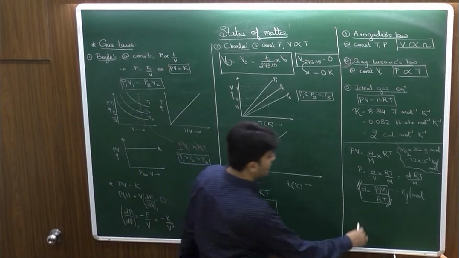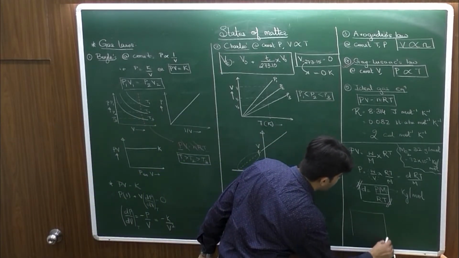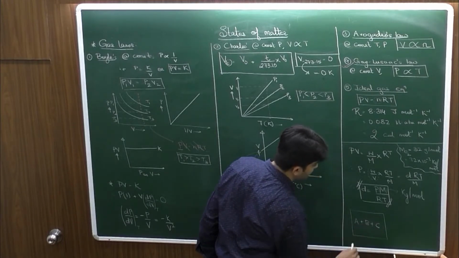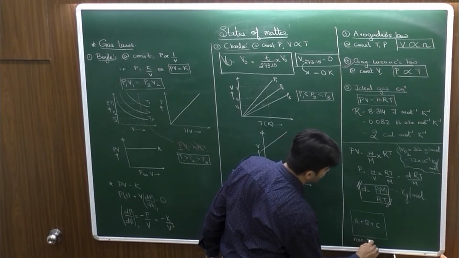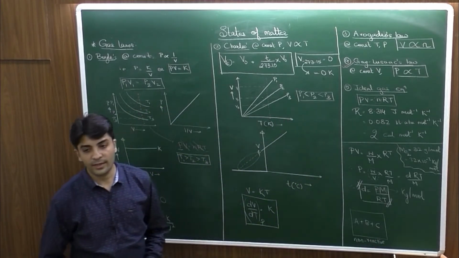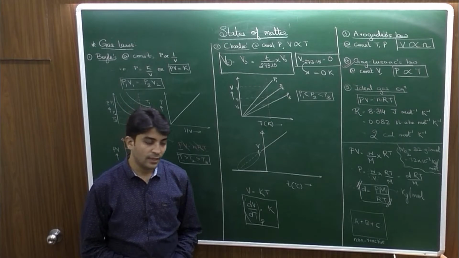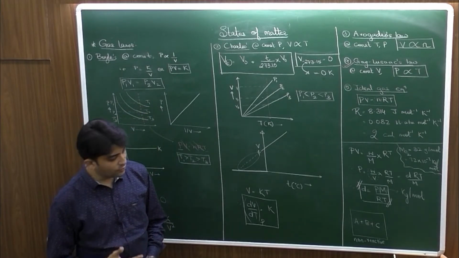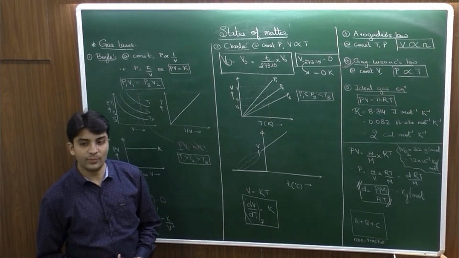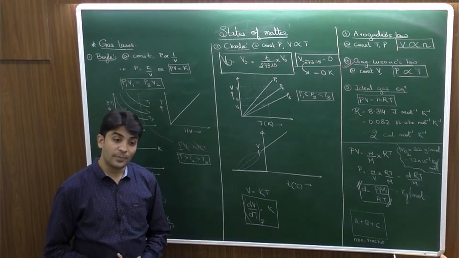Okay. From this, one more case: if I have 3 gases, let's say A, B and C, which are non-reactive gases enclosed in a container, the total pressure of the container would be equal to the sum of the 3 pressures, and these pressures are called partial pressures.